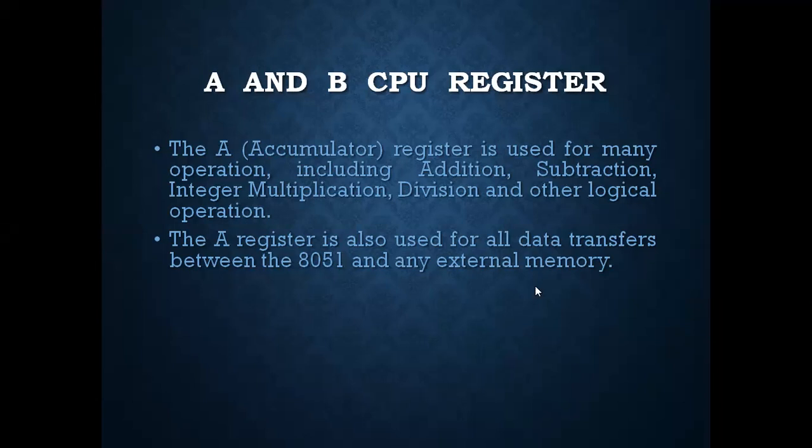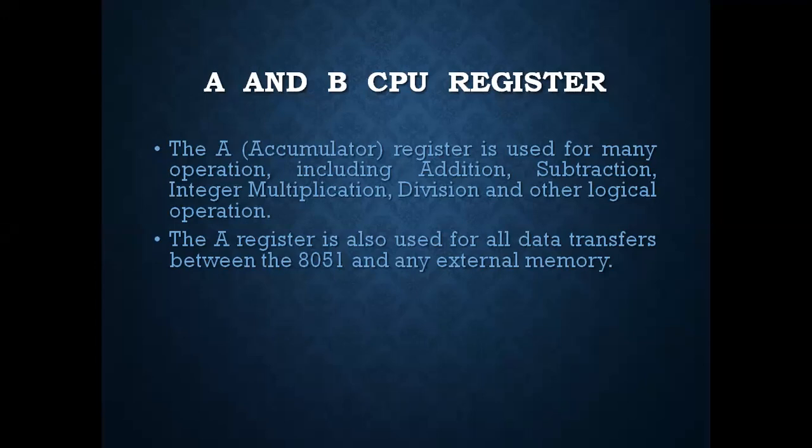Now, this accumulator register is doing the mathematical operations as well as the logical operations. So whatever we are discussing, if the code length exceeds 4 kilobytes of ROM, what will happen?